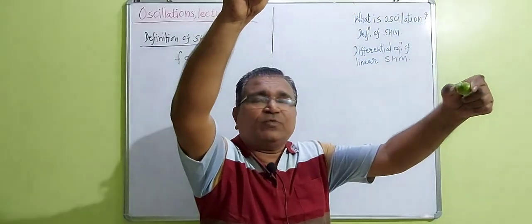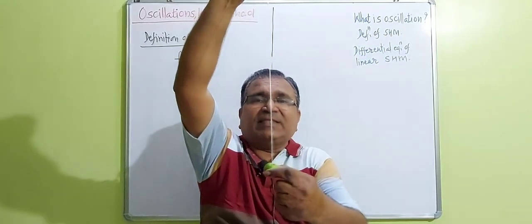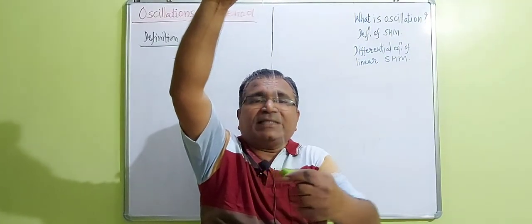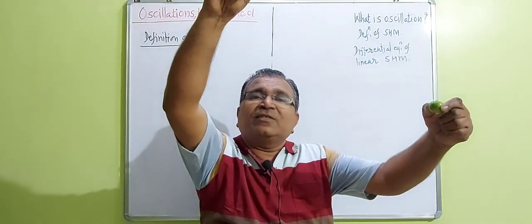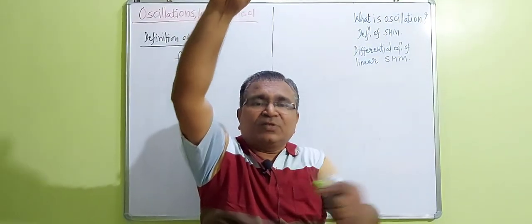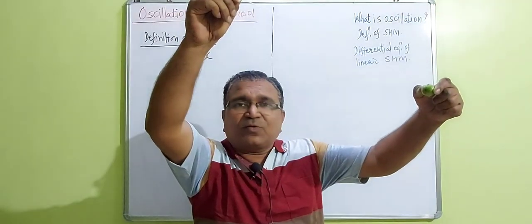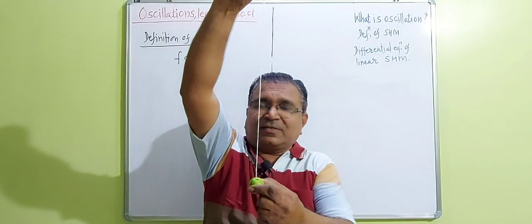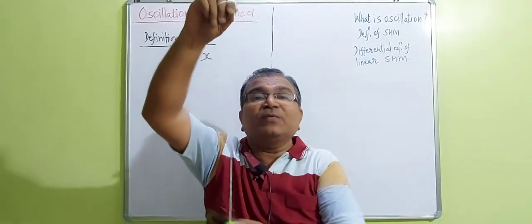If one extreme position is positive, then the other extreme position is negative. And the maximum displacement of the particle from its mean position, we call amplitude. So this is the amplitude from the mean position. Coming again to the mean position, this is also the amplitude from the mean position.